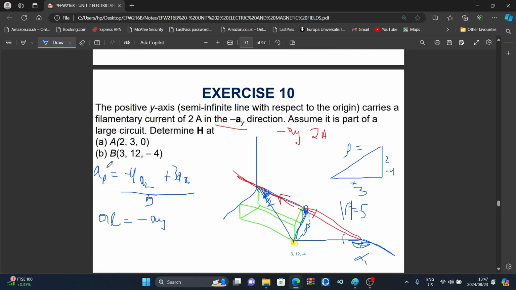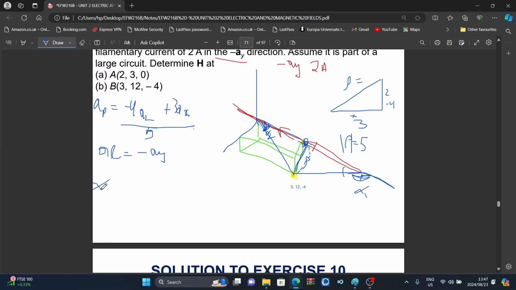Now in this case, let's say our alpha 1 is 180 degrees, because it's from the origin to this direction.